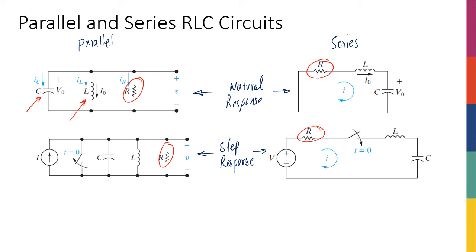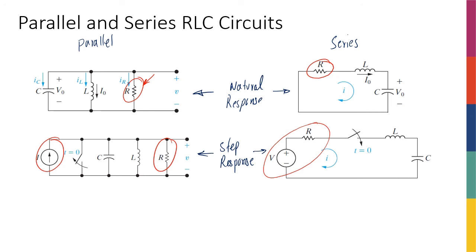If we had more than one resistor, we always had to find the R Thevenin of that, and then replace the entire circuit with just one R. If that circuit is in parallel with the inductor and capacitor, that would be a parallel RLC. If it's in series, it would be a series RLC. That is also valid for the source here. For example, if you have a current source and a resistor in parallel, that's really the Thevenin or Norton equivalent of the rest of the circuit.